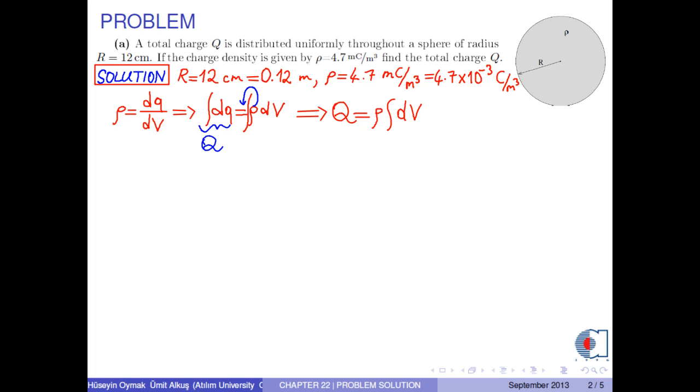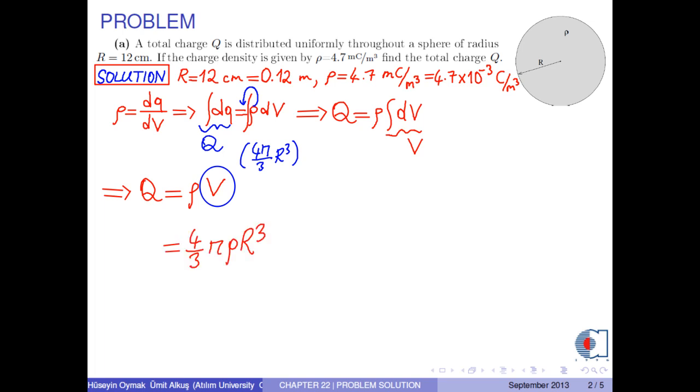By the same way, integral of dv is the total volume of the sphere. Then we obtain Q equals ρ times v. Since the volume of the sphere is 4 pi over 3 r cubed, then we can write 4 over 3 times pi times ρ times r cubed.